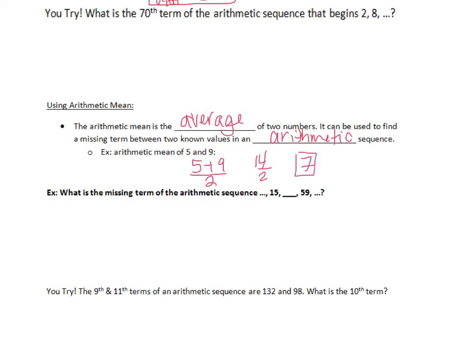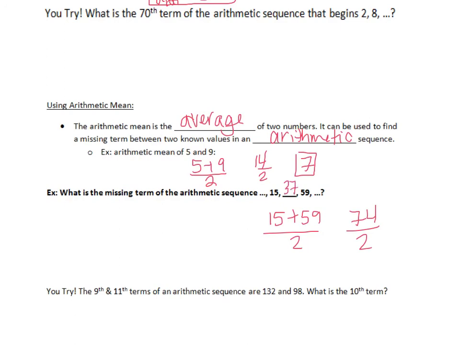So here's our example. What is the missing term of the arithmetic sequence? 15, comma, blank, comma, 59. So to find this missing term here, since I have two numbers, I can go ahead and say 15 plus 59, and then divide it by 2. So I get 74 over 2, and then when I divide, I get 37. So 37 would go right here.